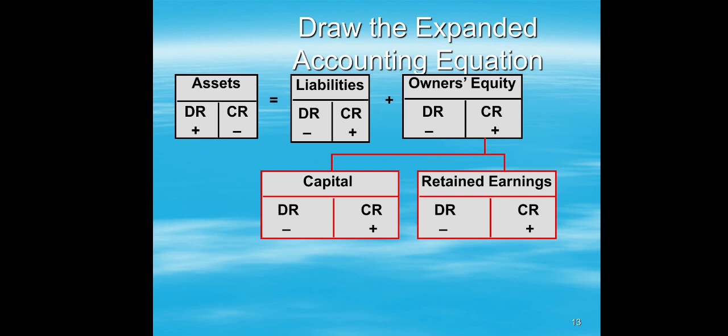For withdrawal, an increase in withdrawal, you have to debit. For revenue, an increase in revenue, you have to credit. And for expenses, an increase in expense, you have to debit. You have to memorize this, because it is the rule of debit and credit. You just follow the rule.